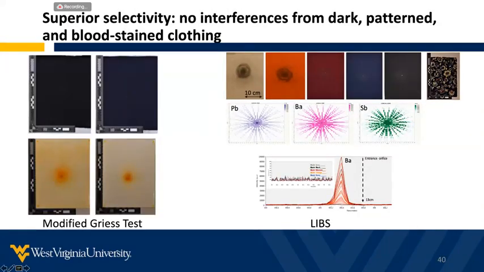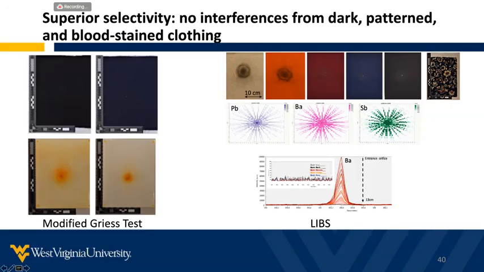In addition, color tests become more challenging with dark and bloody backgrounds, which are pretty common in casework. We did observe, for example, that when we use dark colors or patterned clothing, then the observation of the physical features around the crater becomes less obvious, and we have to use indirect color testing as well.